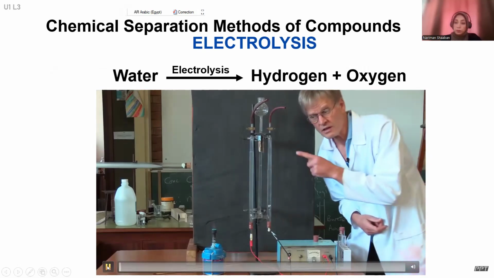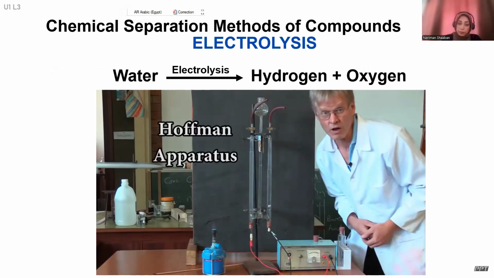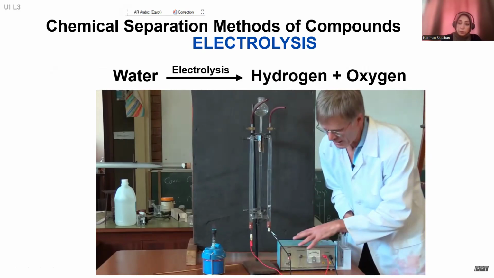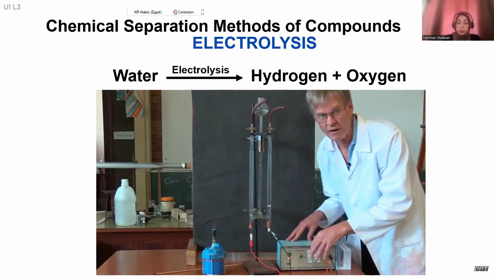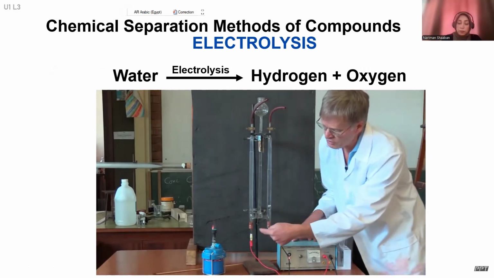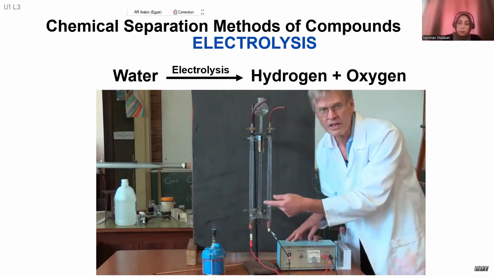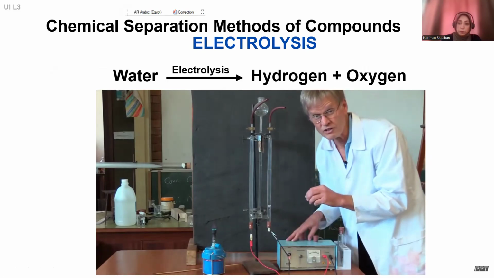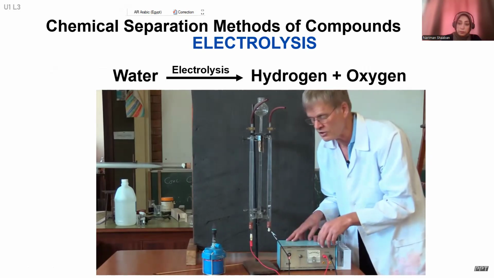Hi guys, this is a strange looking instrument called the Hofmann voltameter. Let's just explain it. We have a source of electricity, direct current, with positive and negative terminals attached to two electrodes inside some water with a small drop of sulfuric acid just to allow it to conduct electricity.